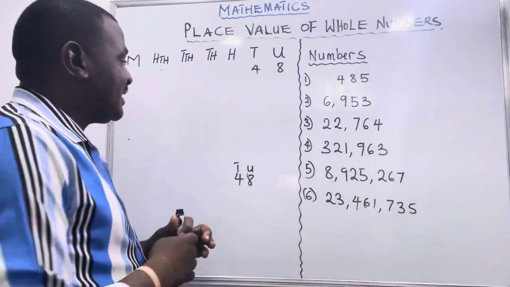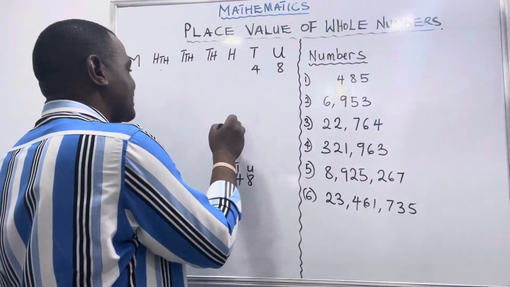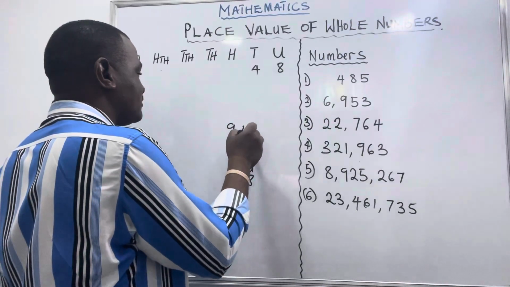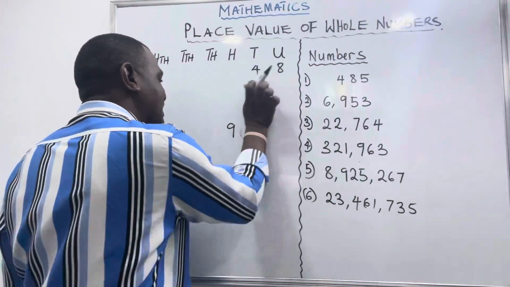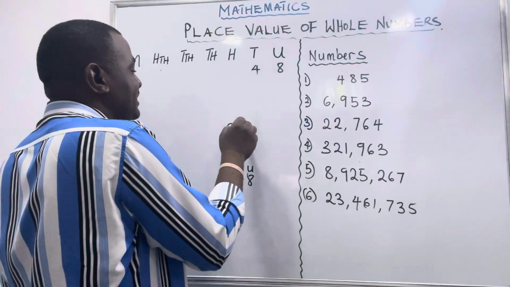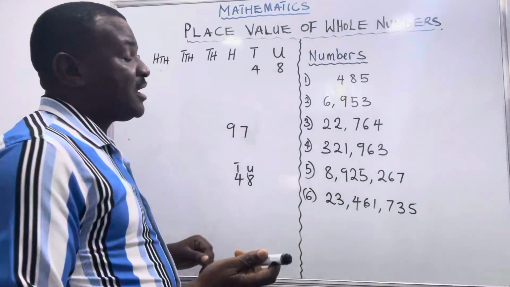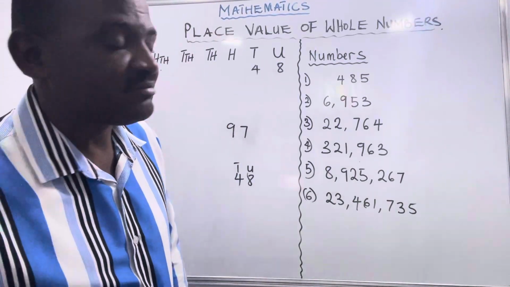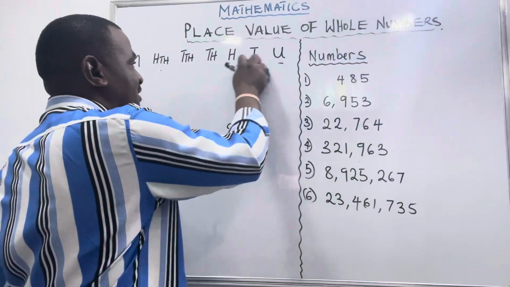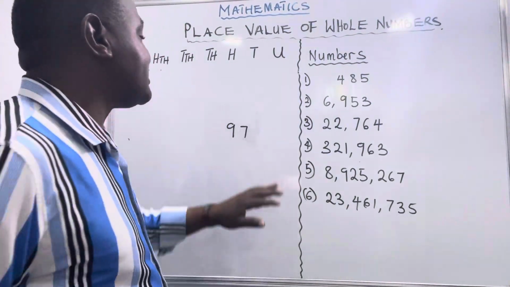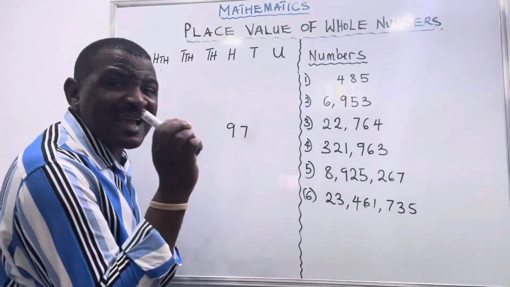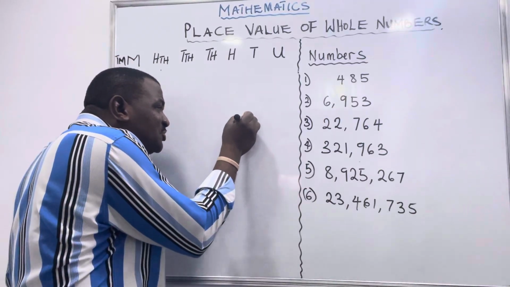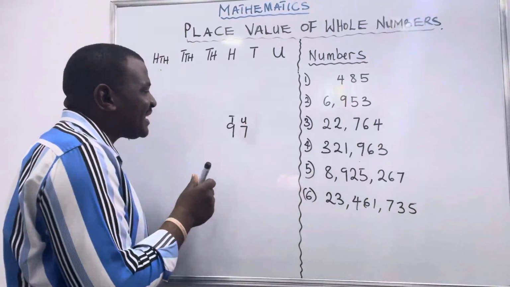Okay, now let's say we have 94. No, I'm using 4. Let me use another number. Let me say 97. What is the place value of 9? Don't forget to always start from the right. Just take your pencil anywhere it is written, and write units, tens.